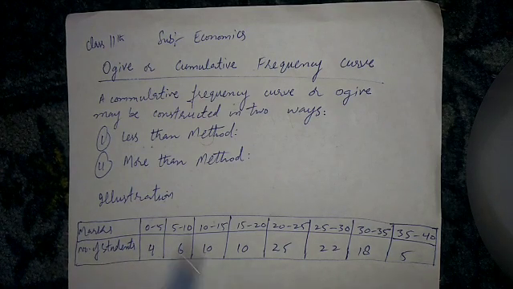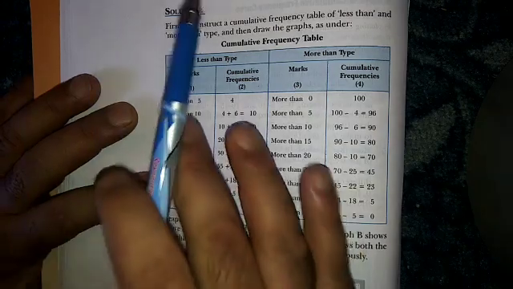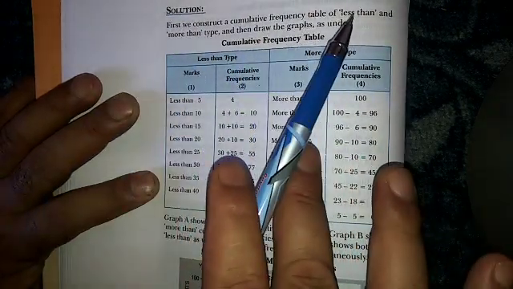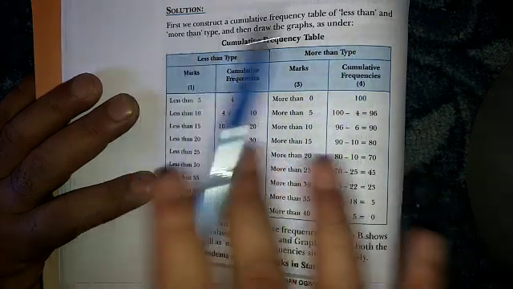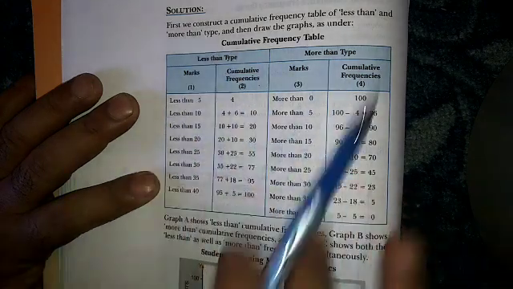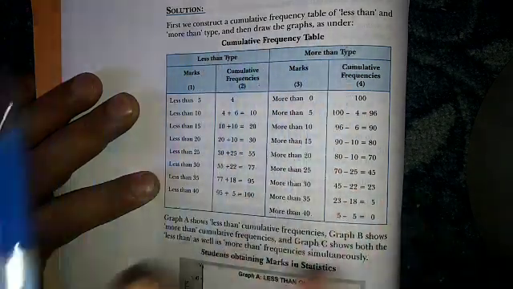Marks: 0 to 5, 5 to 10, 10 to 15, 15 to 20, 20 to 25, 25 to 30, 30 to 35, 35 to 40, and number of students: 4, 6, 10, 10, 25, 22, 18, 5. You see, first we construct a cumulative frequency table of less than and more than type, and then draw the graphs as under. This is the cumulative frequency table, less than type and more than type.